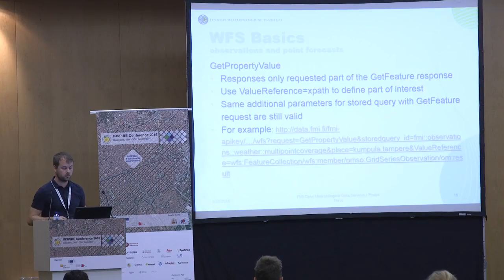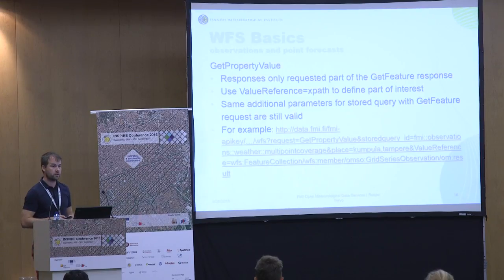There's an example down there. Still, you can use some additional parameters, even if you use get property value. So, for example, you can specify the place also here. So this is how it works currently for observations and point forecasts.